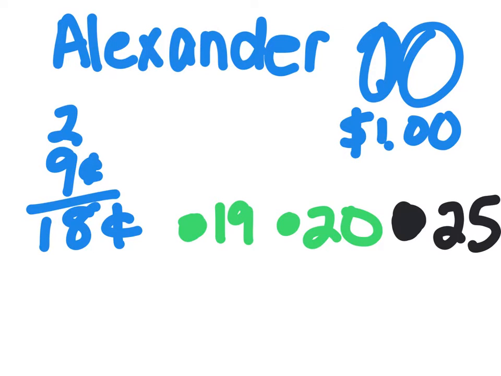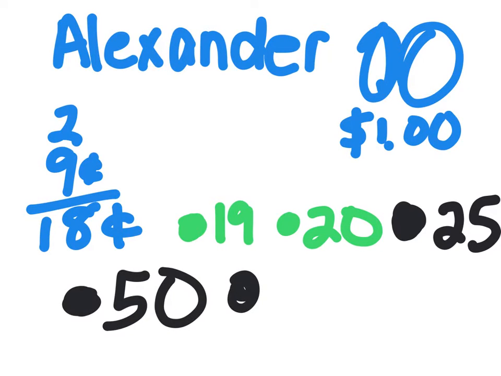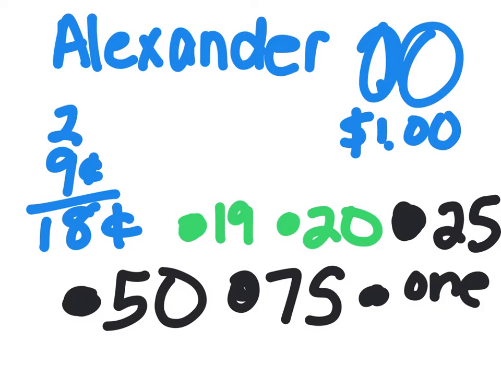And now I'm at 25, I know I can use a quarter, because when I'm at 25, 50, and 75, I can use quarters. So now I'm at 25, and I'm going to add another quarter, and I'll say 50. I'll add another quarter, and I'll say 75. And I'll add the last quarter, and I will say $1.